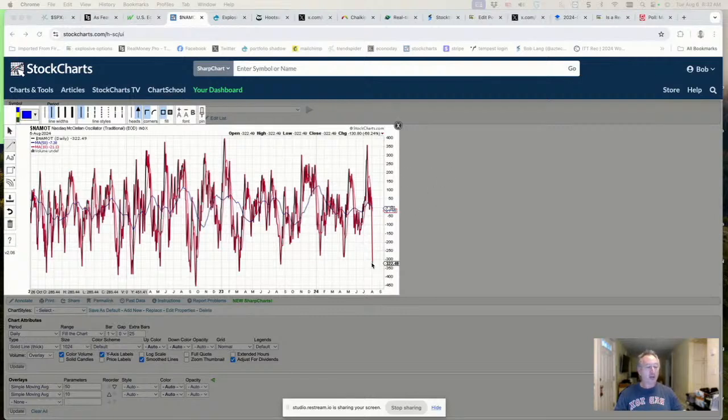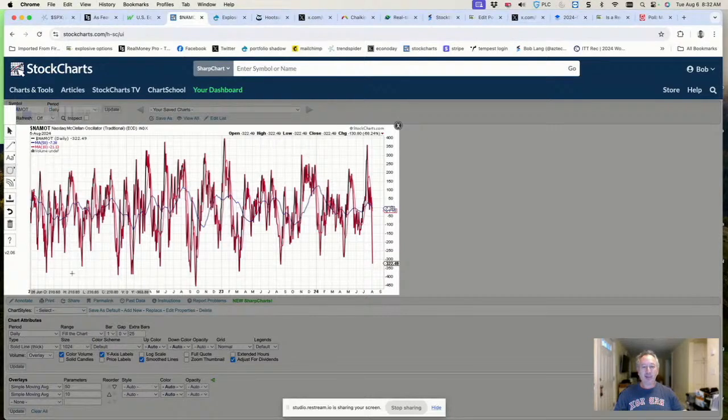So we're at an extreme level right now, right? So we can probably look for this oscillator to start turning right back up. When we are at these levels, anywhere from minus 250 to minus 300, you can notably see that almost every single time it moves right back up again. So how does this indicator act like this?